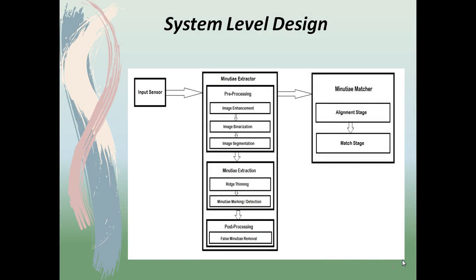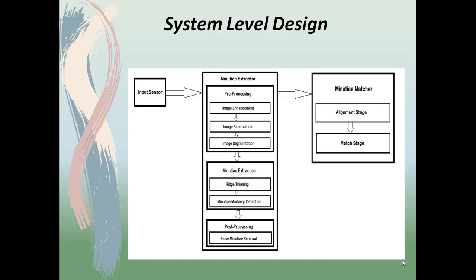Now, let's move on to the system level design for our project. I have designed a fingerprint recognition system using minutia matching. So we have three blocks which are mostly essential. One is the input sensor, one is the minutia extractor, and another is the minutia matcher. The input sensor basically scans the human fingerprint.